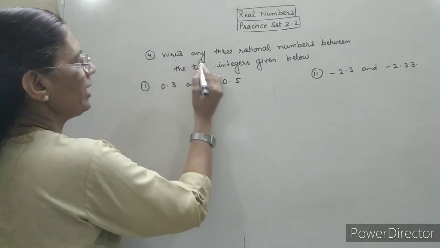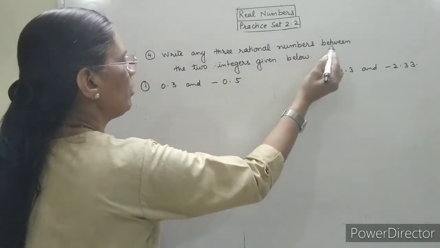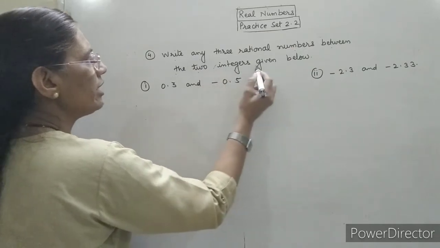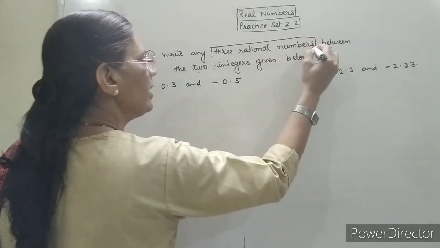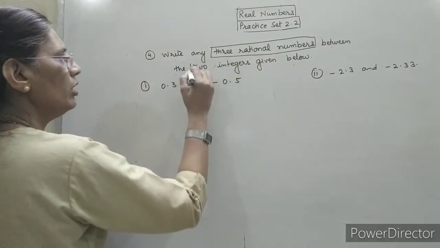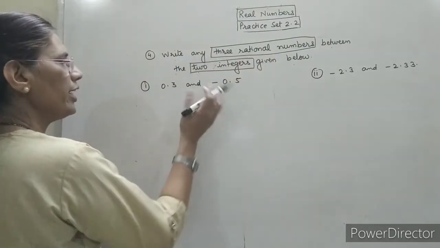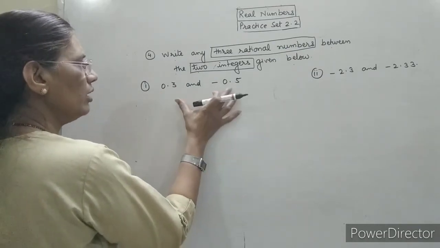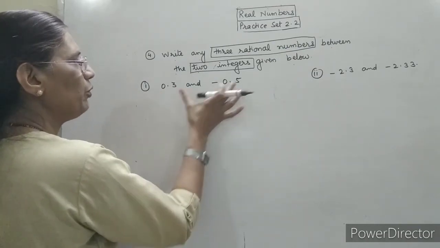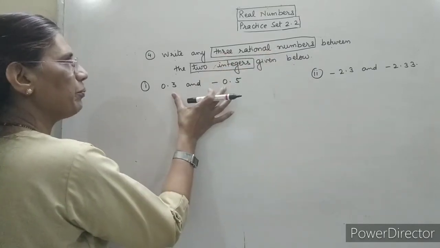Next question: write any three rational numbers between the two numbers given below. Here we have to write any three rational numbers between the two given numbers. Here 0.3 and negative 0.5 are the given numbers. We have to write three rational numbers in between them.